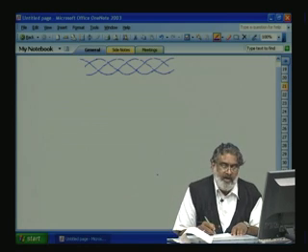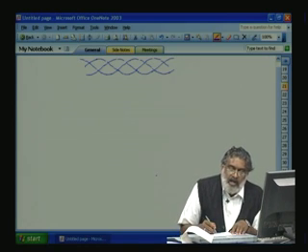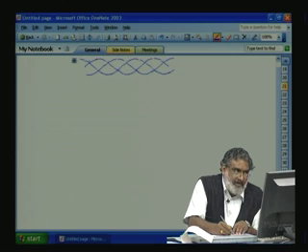Alpha 1 is starting from here. Alpha 1 is 60 degree, which means it will be here.